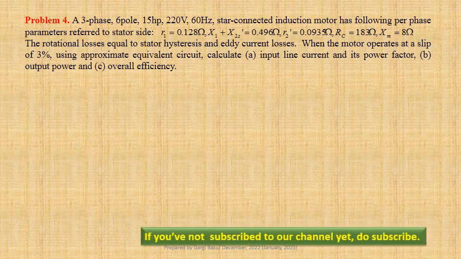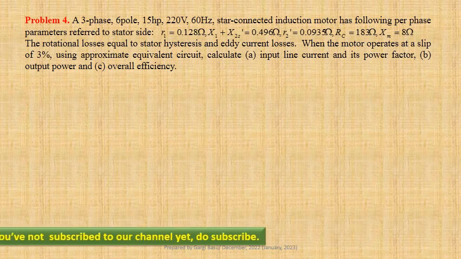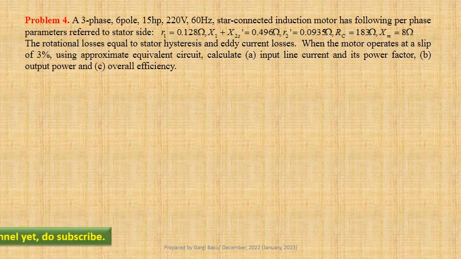A 3-phase 6-pole 15 HP 220 volt 60 Hz star-connected induction motor has following per phase parameters referred to stator side. R1 equals 0.128 ohm, X1 plus X2S dash equals 0.496 ohm, R2 dash equals 0.0935 ohm, RC equals 183 ohm, and Xm equals 8 ohm.